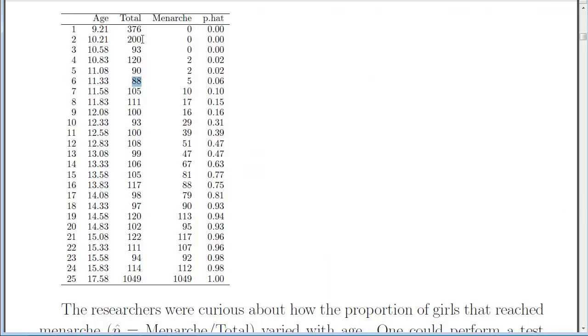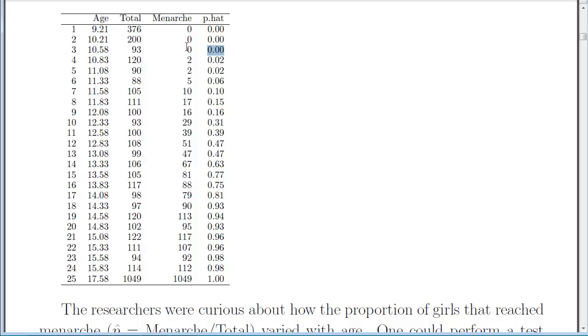In most cases, we'll just have sort of one or two observations for every combination of my covariates. And in that case, if I have only, say, one observation, the outcome variable is either success or failure, so that's going to be 0 or 1, which means my p-hats are going to be 0s and 1s.